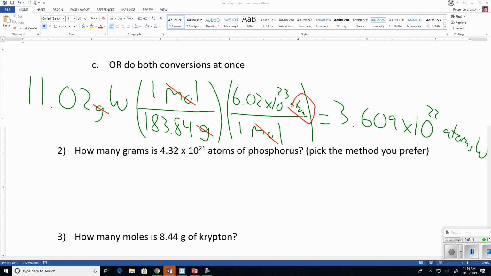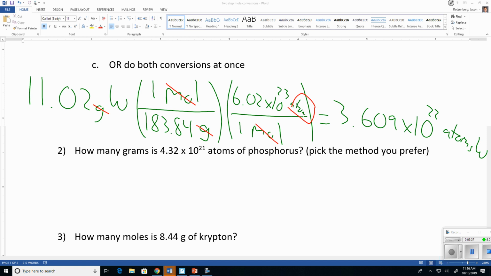So if I were to type it in, I would type in my 11.02 divided by 183.84 equals. And then I would multiply by Avogadro's number. That way I carry all those digits. When you guys were doing the practice problem, I pointed out to Max back there that he rounded slightly different than someone else at his table.